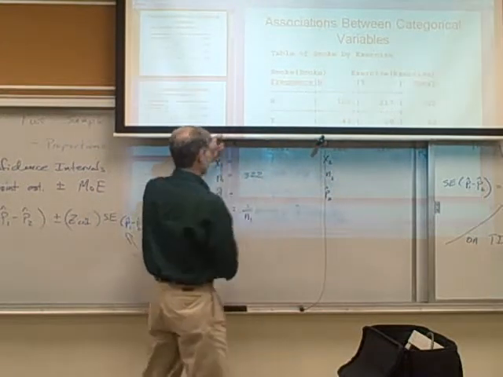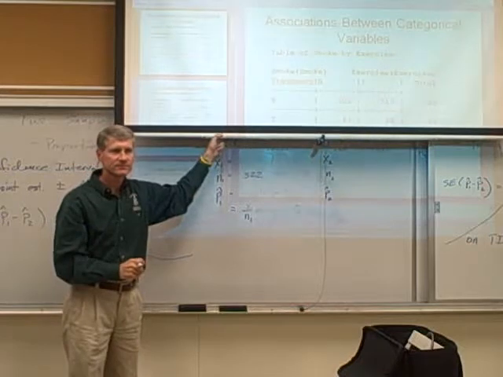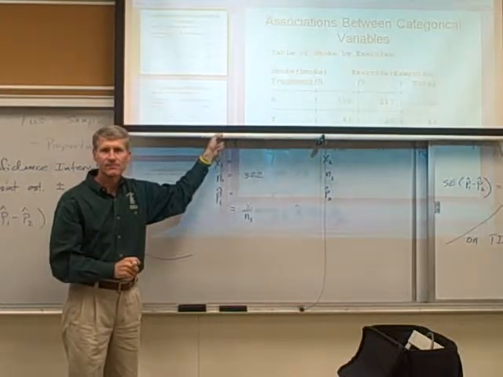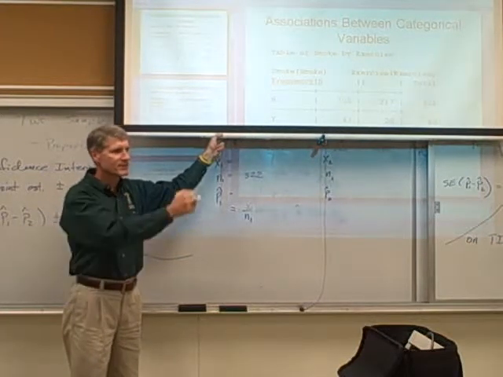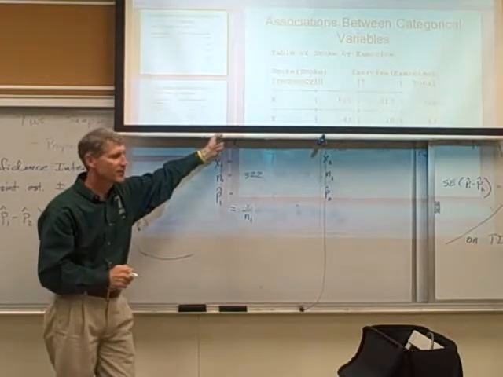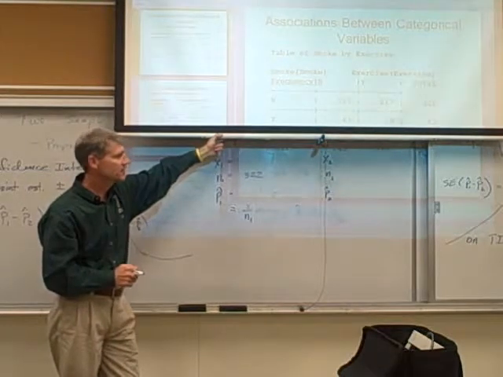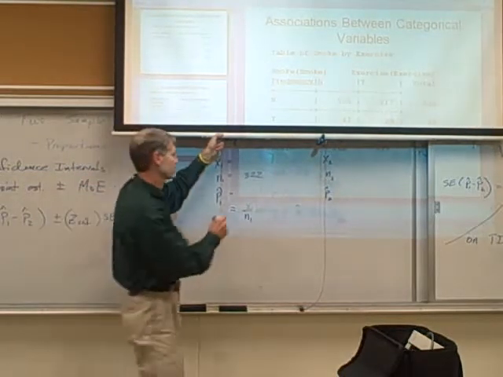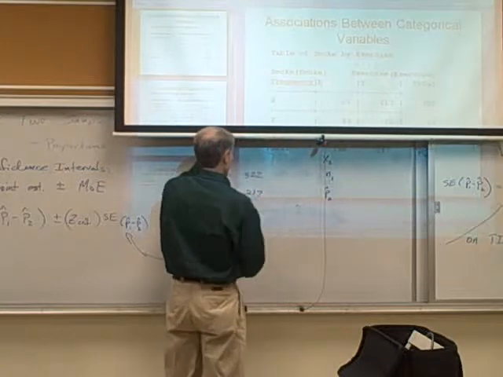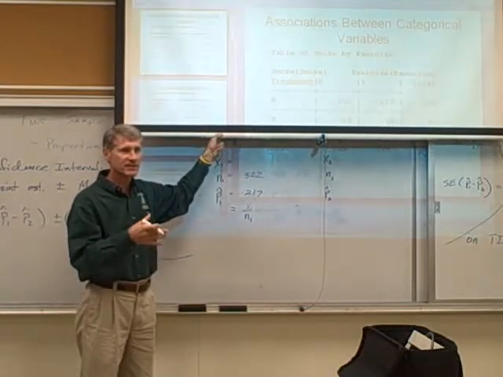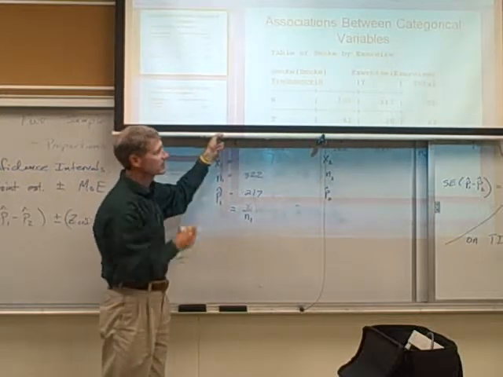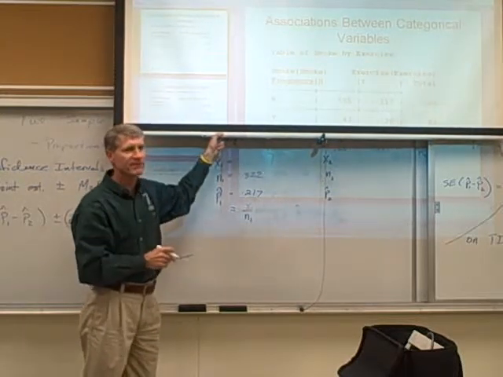Okay, what's X1? Number of successes among the non-smokers. 217, very good. Because I said we're going to count the people who exercise. That's a success. So I got 217 successes and 105 failures.